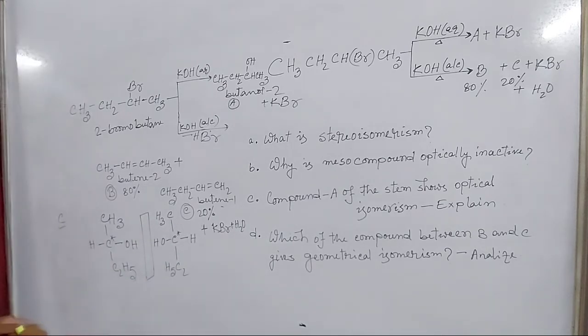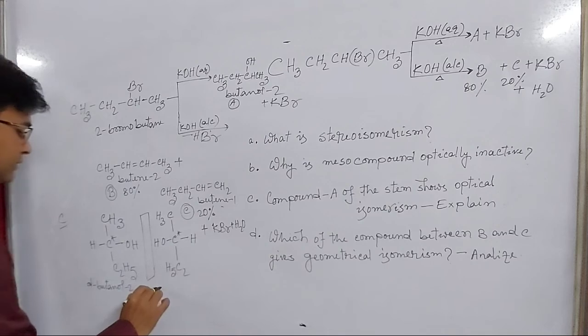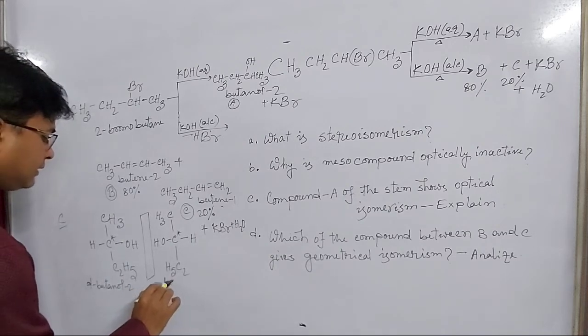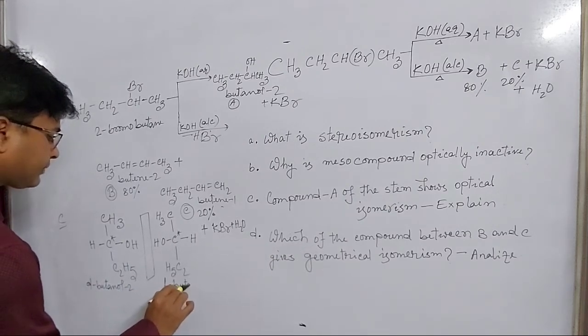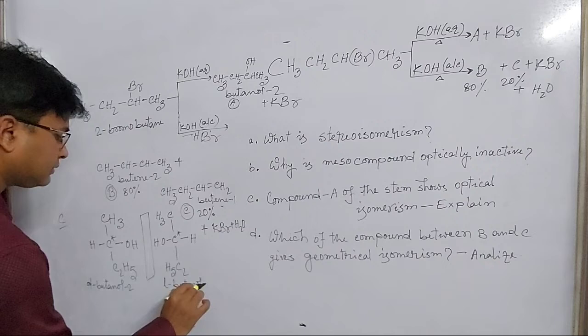One isomer rotates the plane polarized light clockwise. This is D-butanol 2, and this is L-butanol 2.